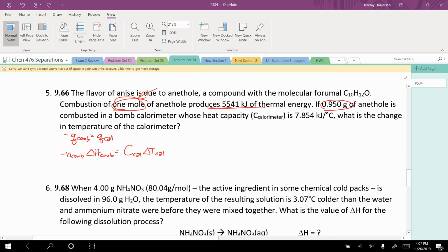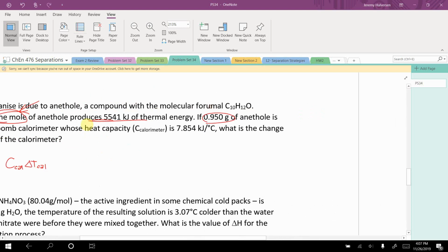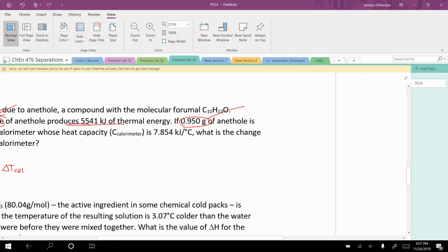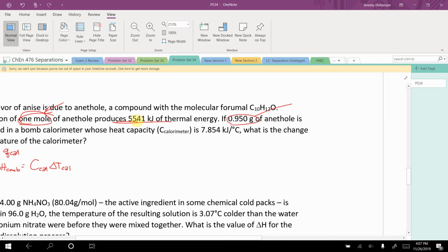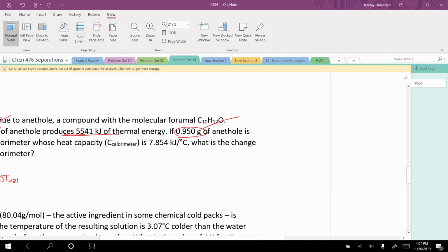Then I'm given the heat capacity, so I can get delta T. So I'm going to quickly change my 0.95 grams. Because this 5541 is in per mole, I want to change this to moles. So I've gotta get the molar mass. Molar mass I got was about 148 grams per mole.